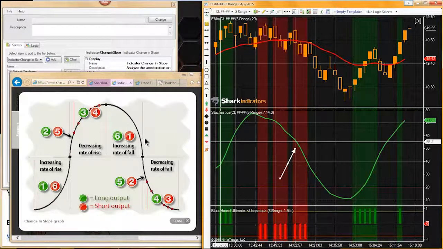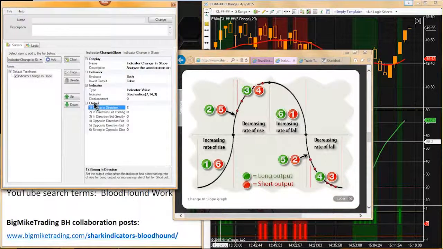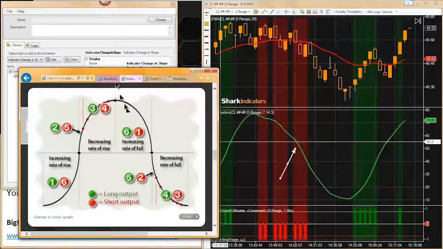Right. So if we go back to the solver here in our output, since only number 1, strong in direction, has a 1 in it, then the short output here, the red number 1, correlates to how the curve of the indicator is going to look.